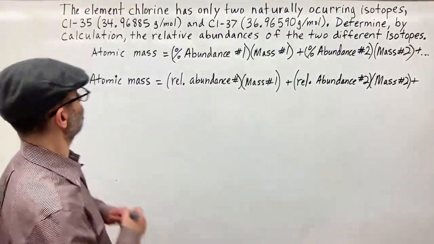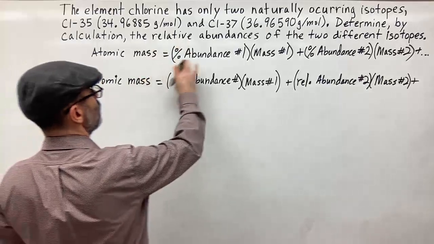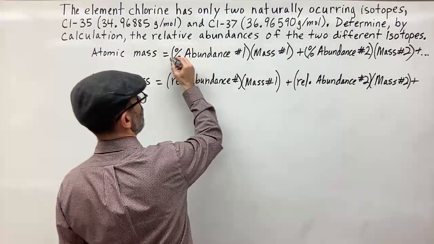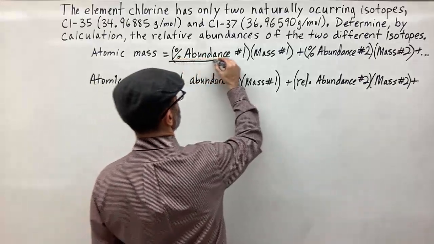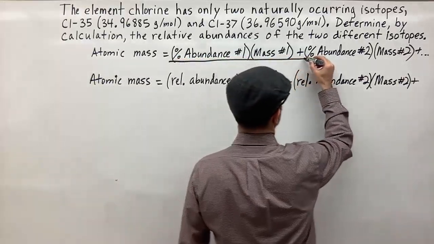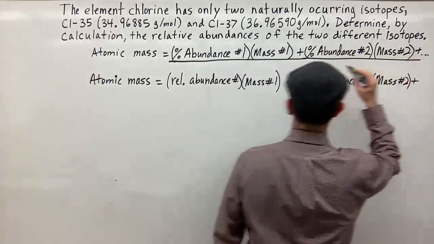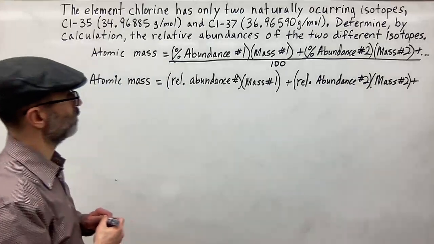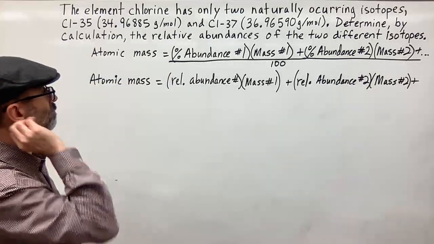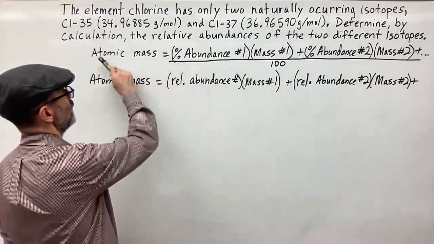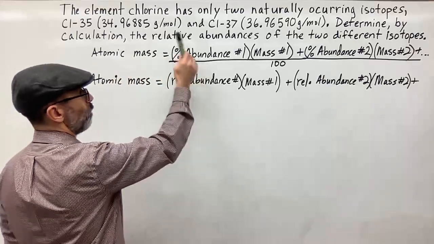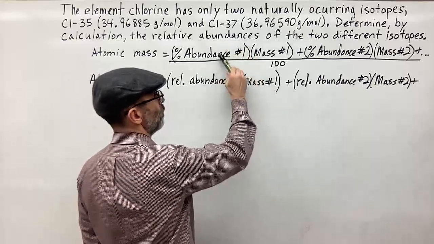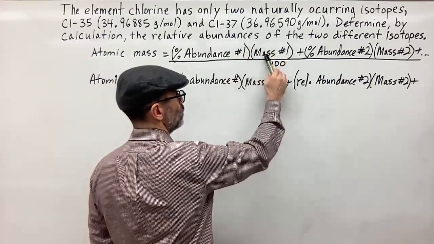So why is that? One of the things I forgot to show here is that the equation is not complete until you divide by 100 here. To get the atomic mass, you would multiply the percent of isotope number 1 by the mass of isotope number 1.